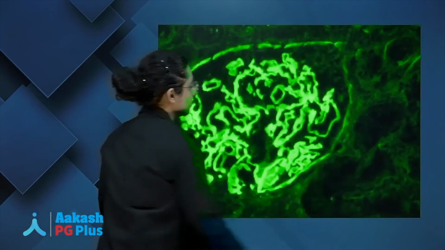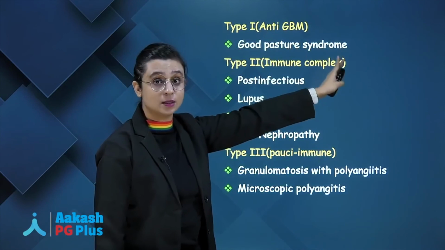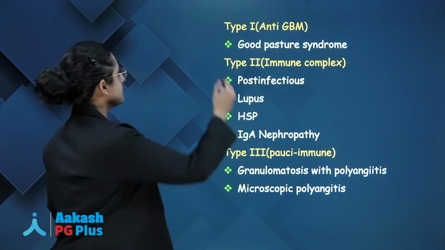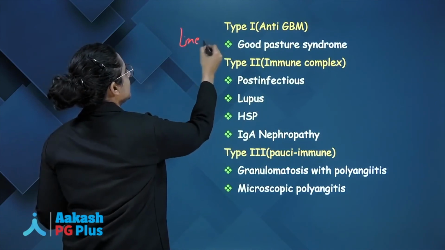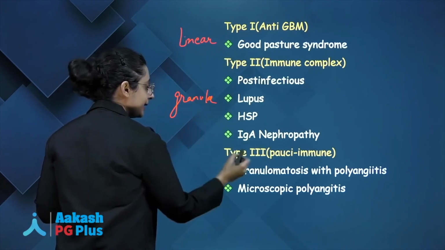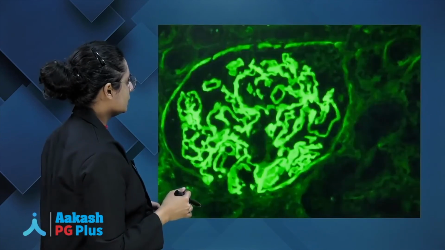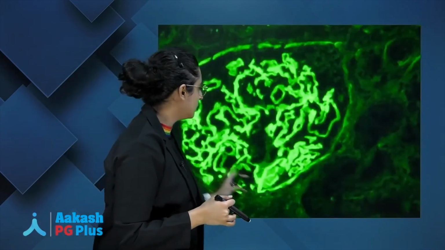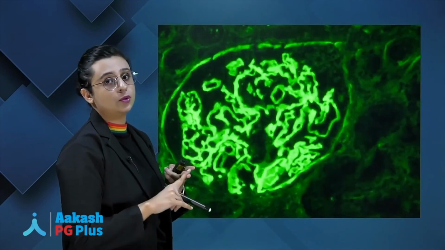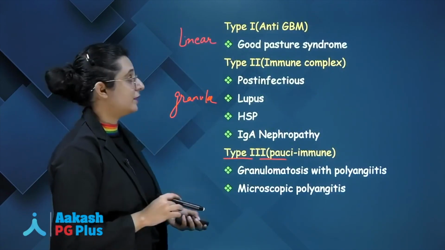So this is type 1, which is linear deposit seen in Goodpasture syndrome, whereas in type 2 it would have been a granular deposit. This is linear deposit, we have already seen in the image. Here it is granular in case of type 2, and in type 3, pauci-immune, it won't be having the positivity for the deposits, but this is positive, beautiful greenish positivity you can see, and you can see the linearity of positive immunofluorescence. So this is type 1 crescentic glomerulonephritis.